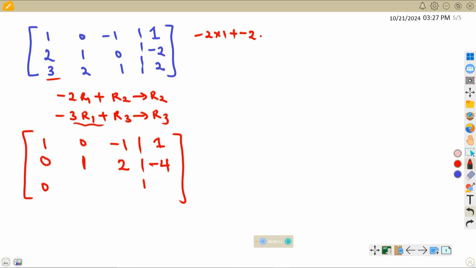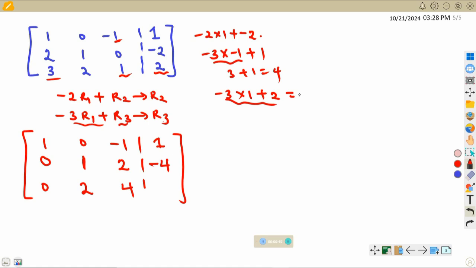Negative 3 times 0 plus 2 gives us a 2. Negative 3 times negative 1 is 3, plus row 3, which is 1, so this will be 4. Next, negative 3 times positive 1 plus this 2 gives us negative 1.